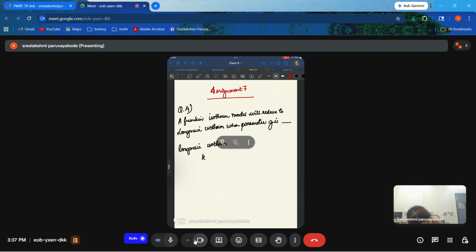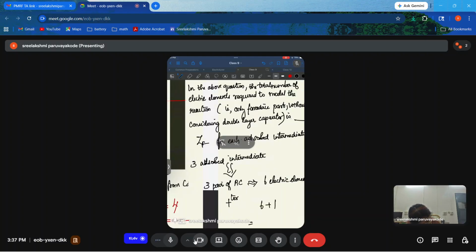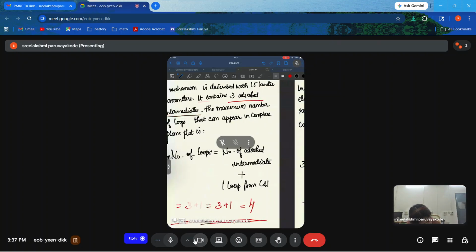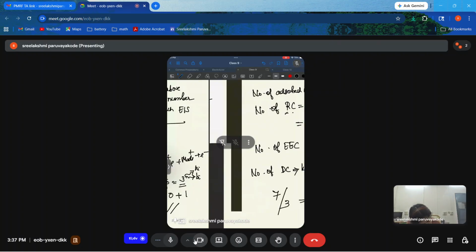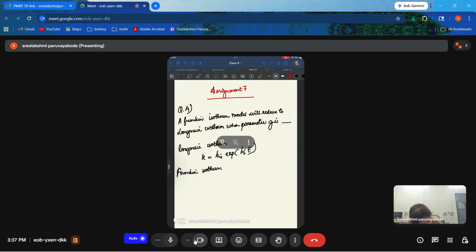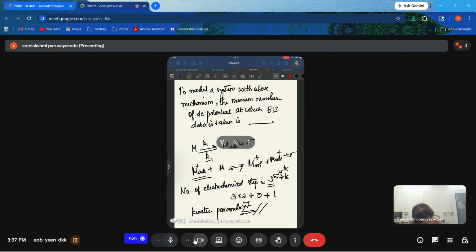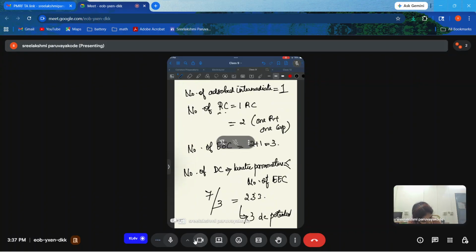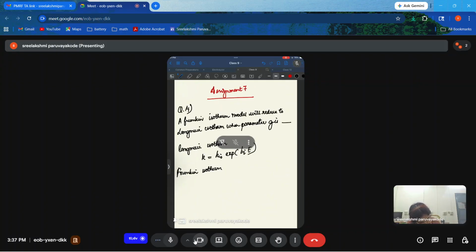When it's the Langmuir model, you have the K value equal to Ki naught exponential Bi into E, where E is the potential. Now when it comes to Frumkin, I've taken the wrong thing, but still I'll just continue.